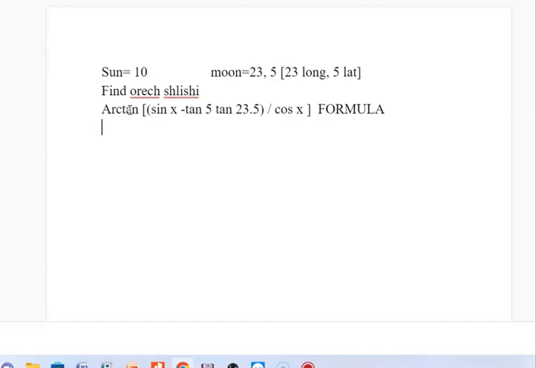And the final answer is equal to 20. That's what the calculator shows. I'm going to write it down here: 20.9642551908. So this is the Oruch Shlishi. Okay.